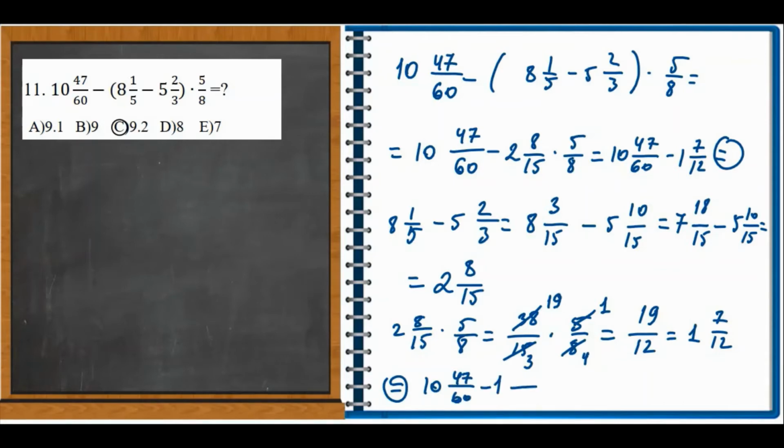We will multiply 12 by 5 in order to get 60, and 7 by 5 it's 35. So 10 minus 1 is 9. 47 minus 35 is going to be 12, and this is over 60. It's going to be 9 whole 1 over 5 or 9.2. The correct answer is 9.2.